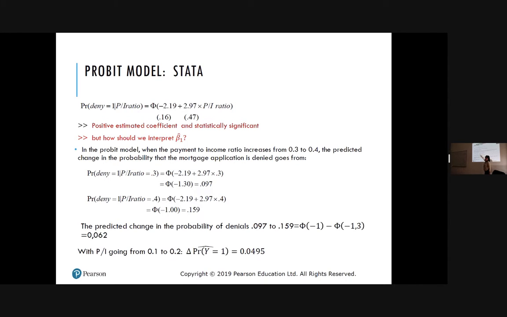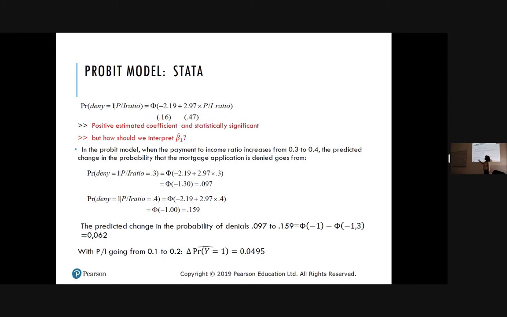Then we take the tables and we compute the value of phi at Z equal to minus 1.3, and this is equal to 0.097. And then we do the same for X equal to 0.4, and then we just compare these two probabilities.